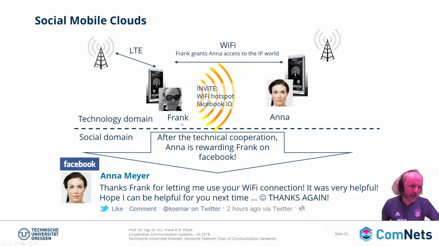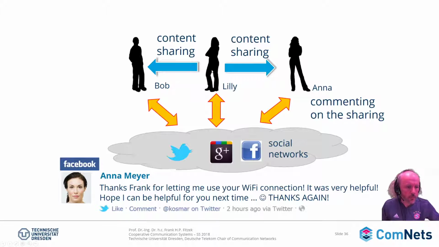And Frank would be then very happy that somebody wrote something nice on the timeline whatsoever. So this is now a totally different benefit than you would have seen before. So with that, you could even think about other things like content sharing and talk about it. So if you look at the same movies, the same content, also this will spawn the social networks, and you can build a cooperative cluster with that, right?